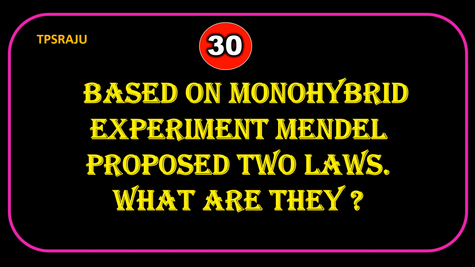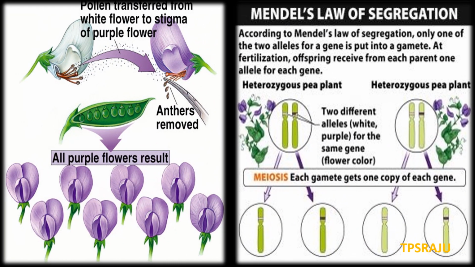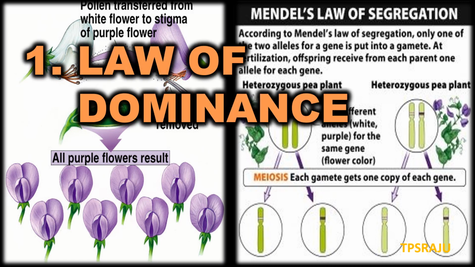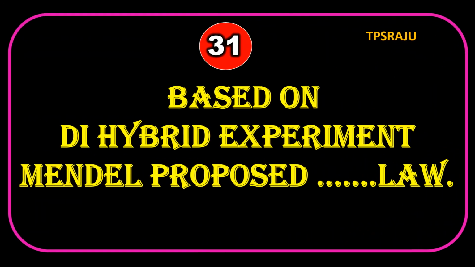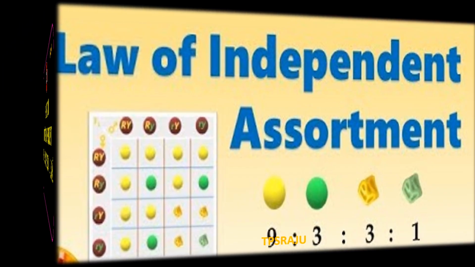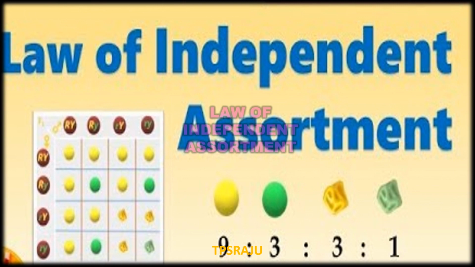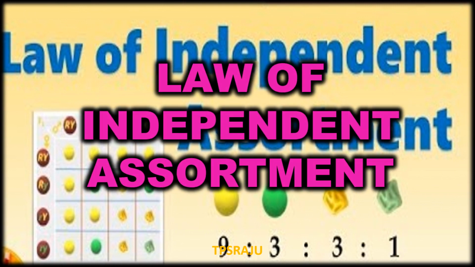Based on monohybrid experiment, Mendel proposed two laws. What are they? Law of dominance and law of segregation. Based on dihybrid experiment, Mendel proposed law of independent assortment.